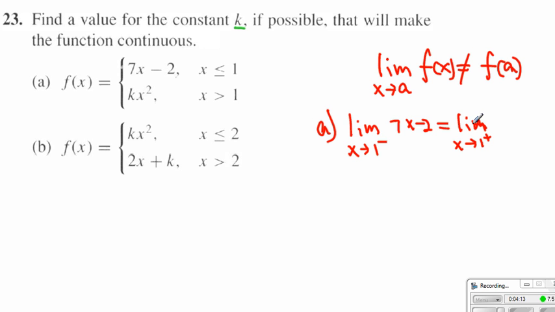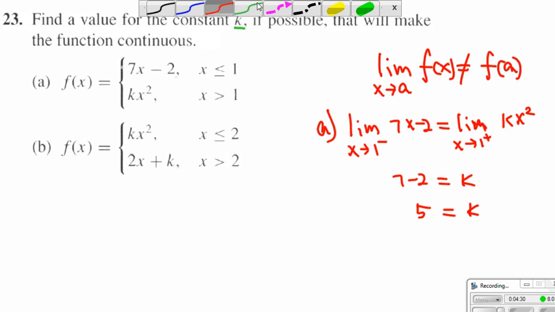That means we're looking at the bottom value, kx squared. Plugging in 1 for each, we get 7 minus 2 has to be equal to k. Then k will be equal to 5. All right, that's A.